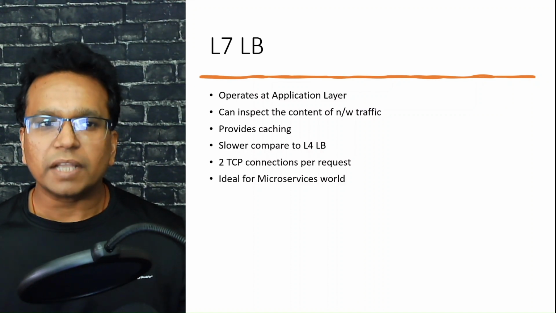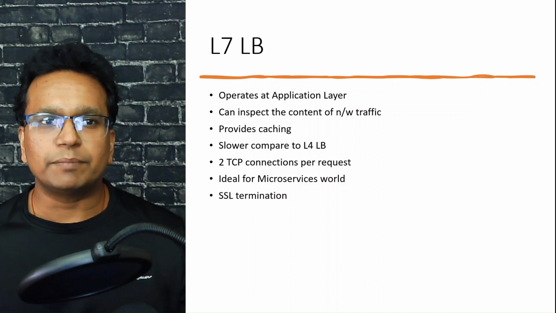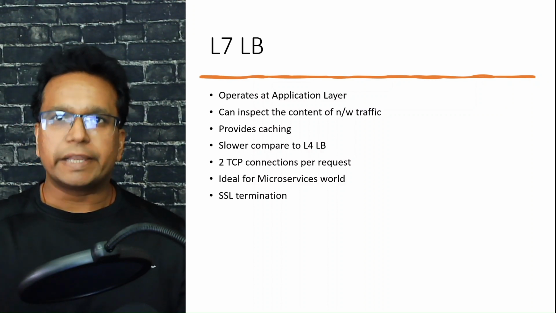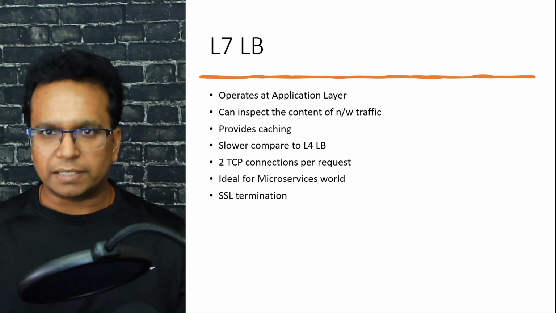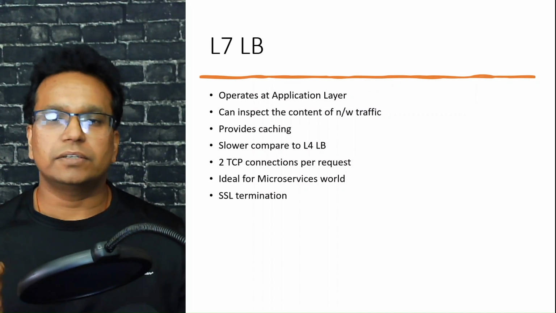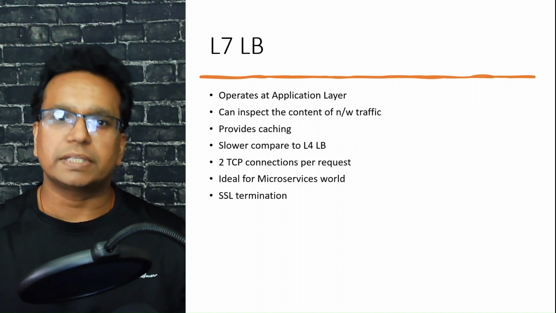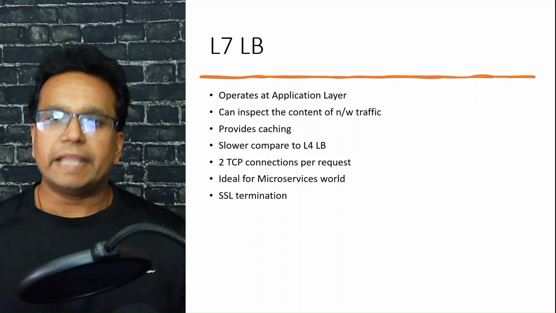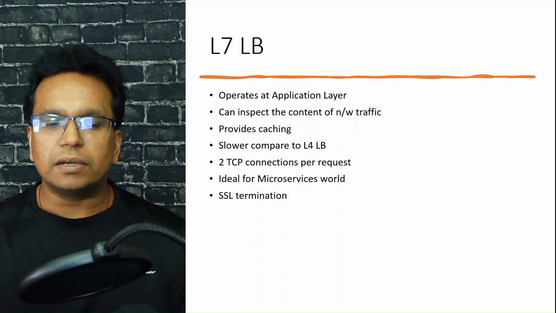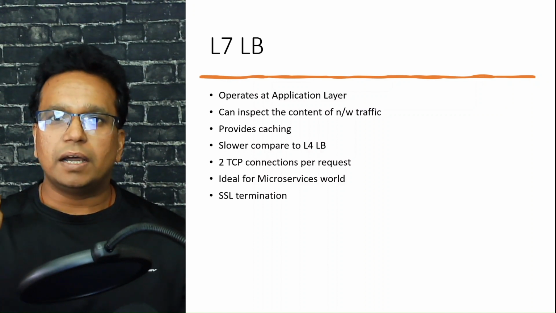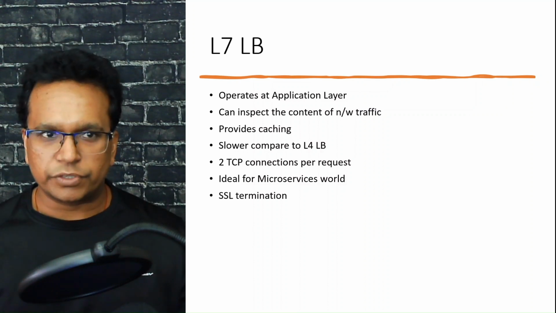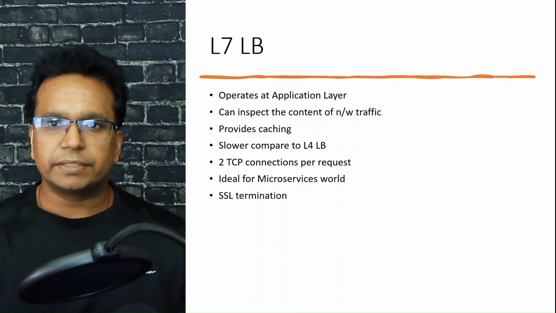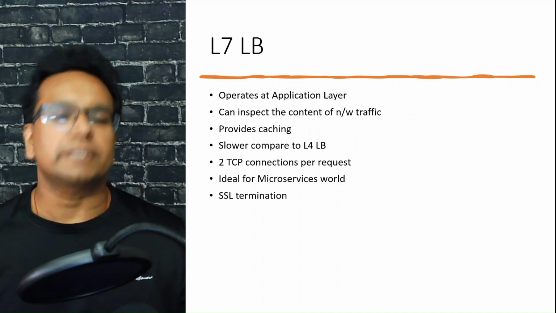The other thing the L7 LB can provide is SSL termination. What SSL termination means is that usually the request from the client to the load balancer is secure, like it runs on HTTPS, so for example it runs with SSL. Once the request reaches the load balancer, the load balancer can decrypt that request and use the decrypted request internally in my data center.